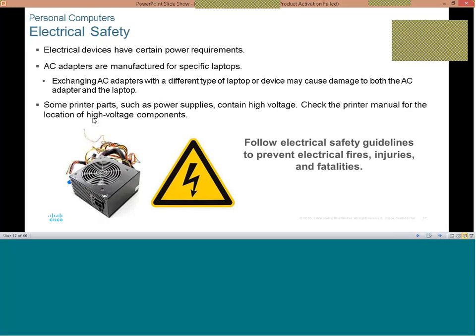Some printer parts, such as the power supply, contain high voltage. So you check the printer manual for the location of high voltage components and ensure that you adhere to such instructions. What we're saying here is that you're meant to look at the manual and be sure that you're working with the right standard.